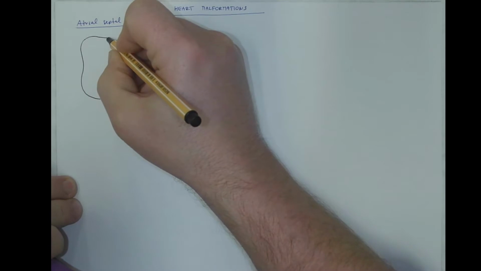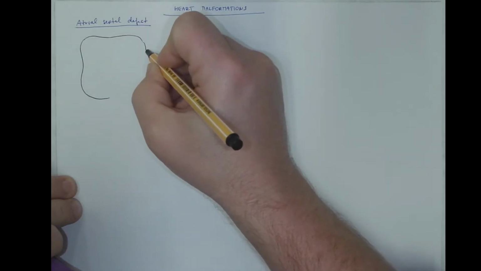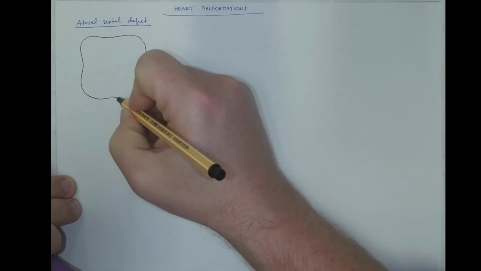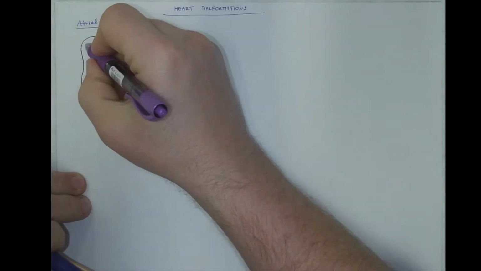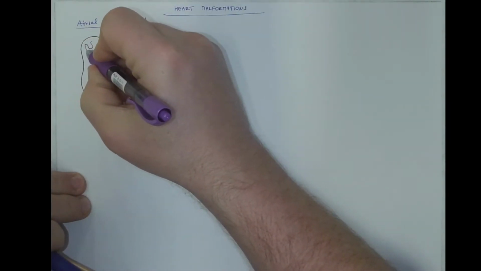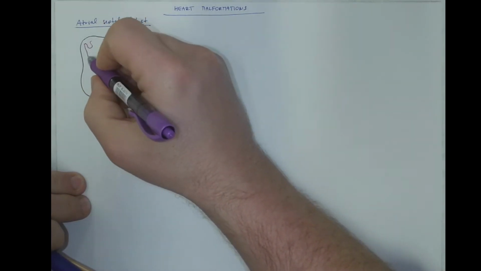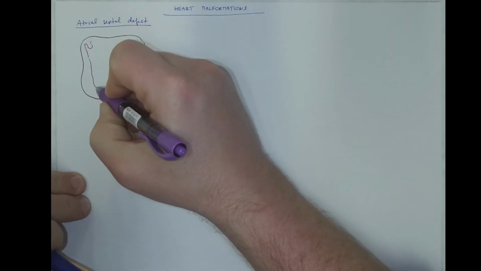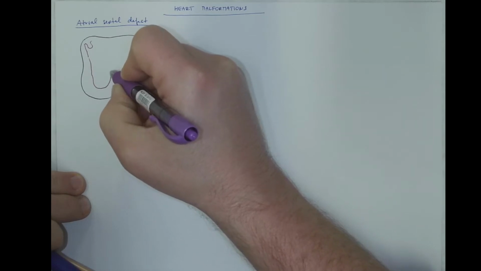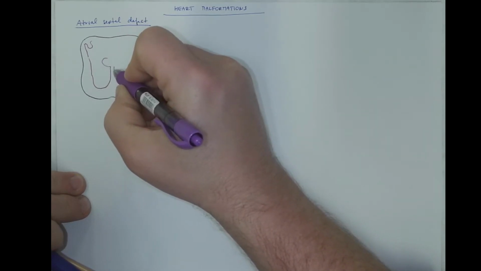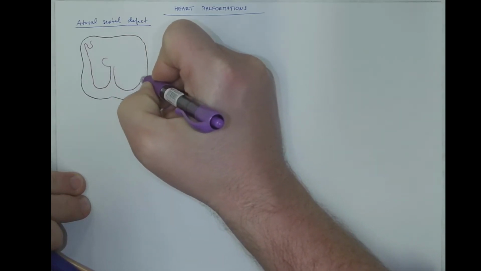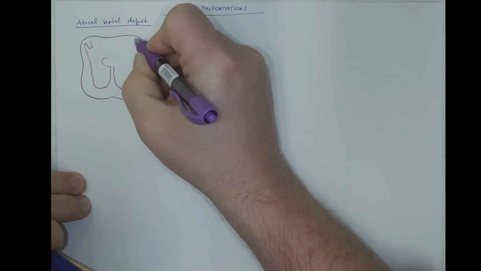Now in the frontal section, the scheme will show the sinoatrial opening, the right atrium, the right ventricle, interventricular septum, left ventricle, left atrium.